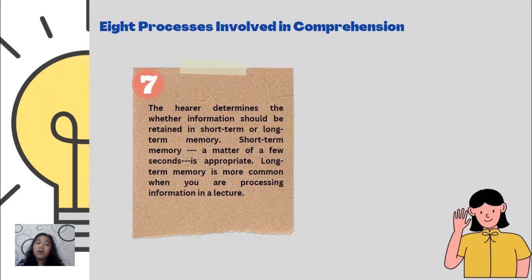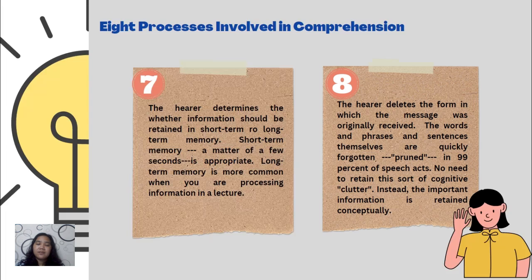But long-term memory is more common when you are processing information in a lecture. For example, your classmate is reporting or your professor is discussing, then long-term memory is where your important information should be placed.